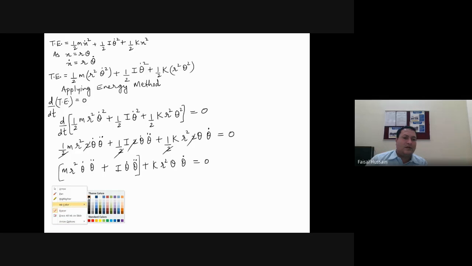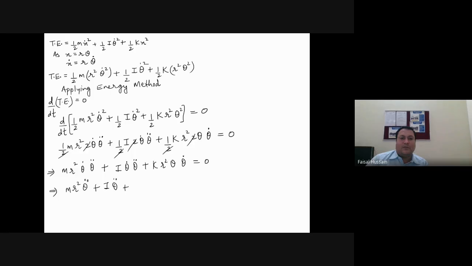Here we will add one step so that you will not get confused. First do one thing, take the angular velocity common. If I take the angular velocity common, it will be m r square theta double dot plus I theta double dot plus k r square theta, and here theta dot will be common.